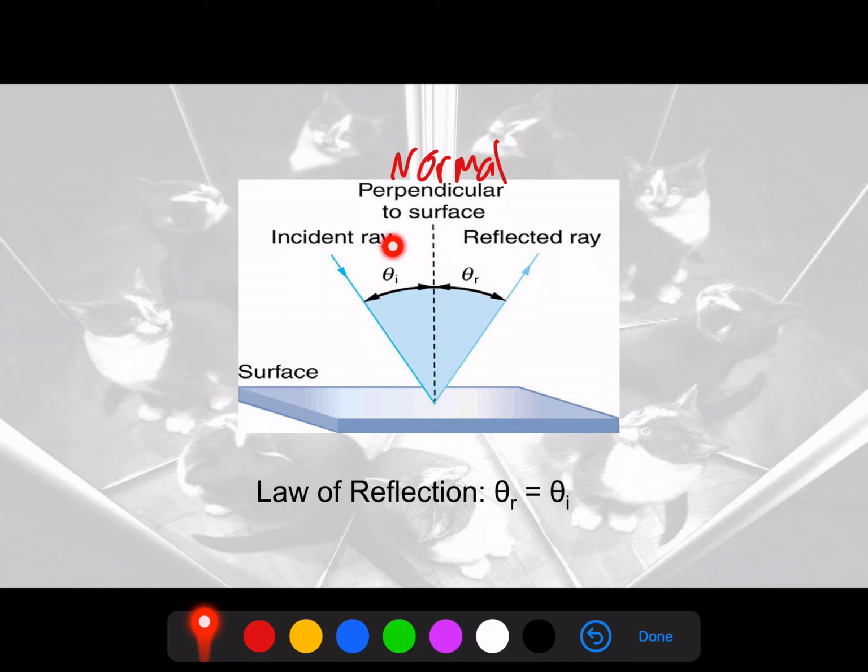So theta incident equals theta reflected. That is the law of reflection. It seems very simplistic, but let's look at how this is applied to some situations.